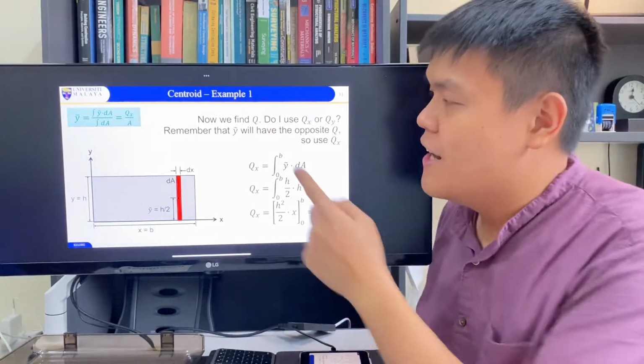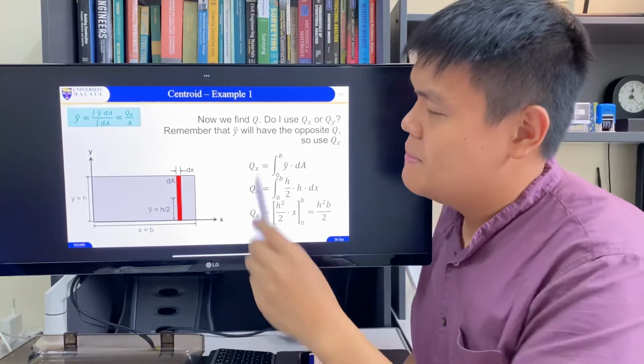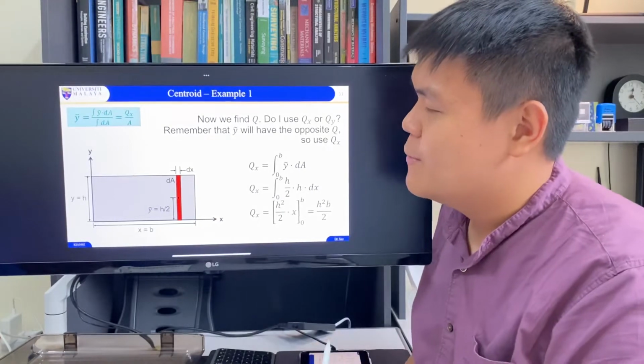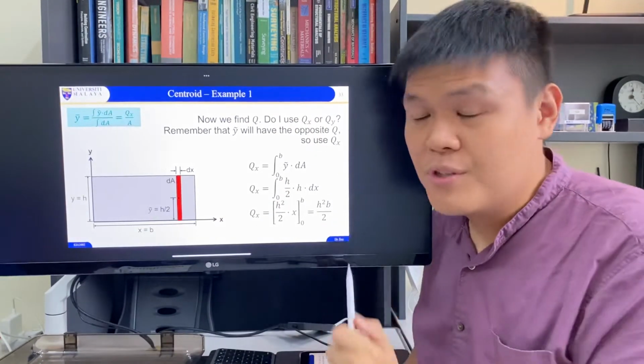Now that we have Q, do we use Qx or Qy? Again, remember that y tilde will be opposite to Q. So we want to find y, we have to use Qx.